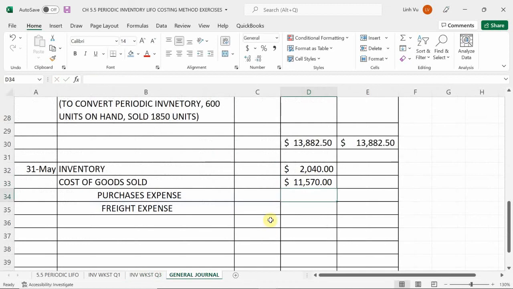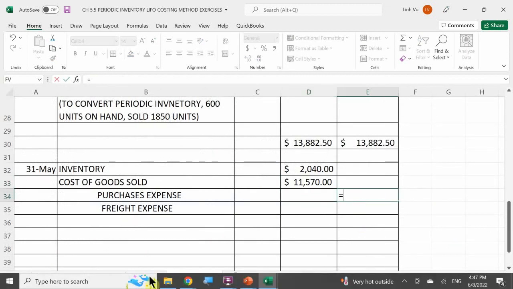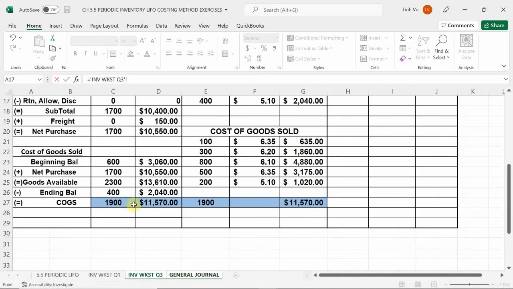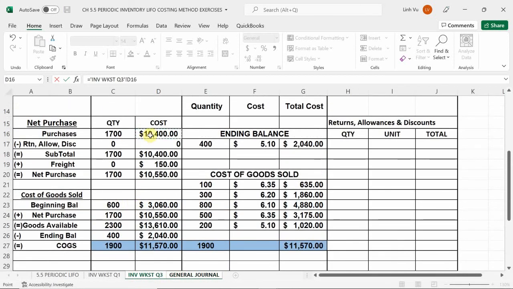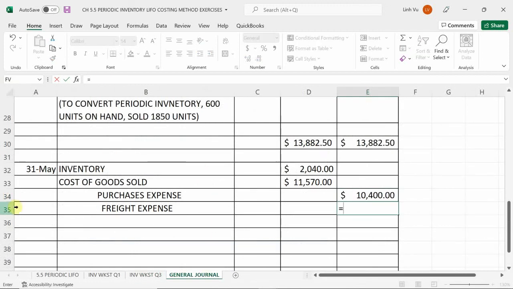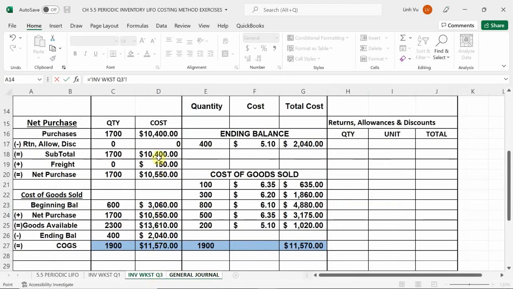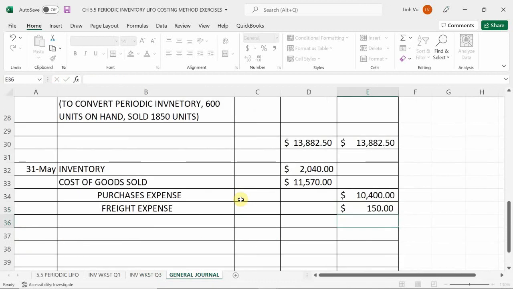What was my total purchase expense? It was 10,400. Yes, good. And of course, what was my total freight? $150. $150, okay?